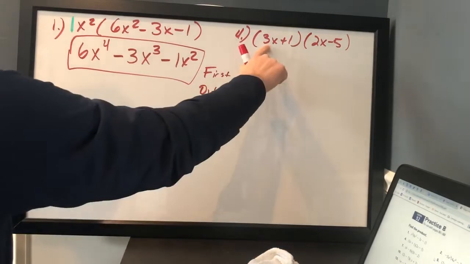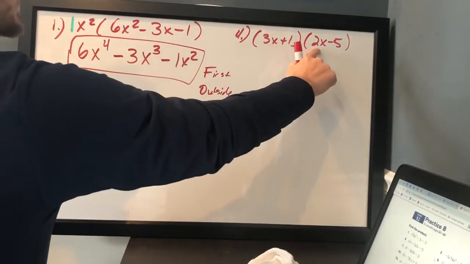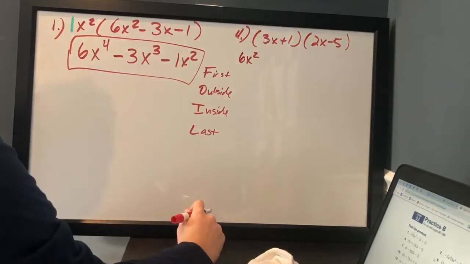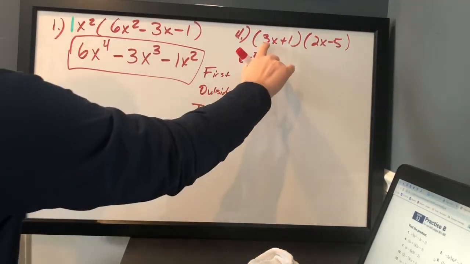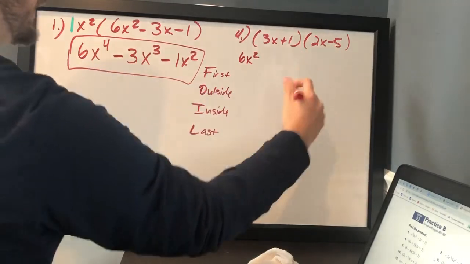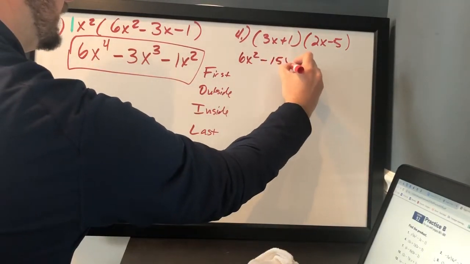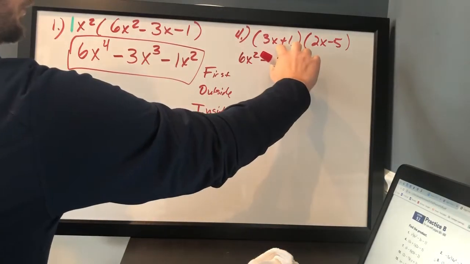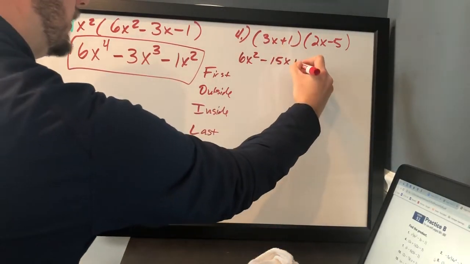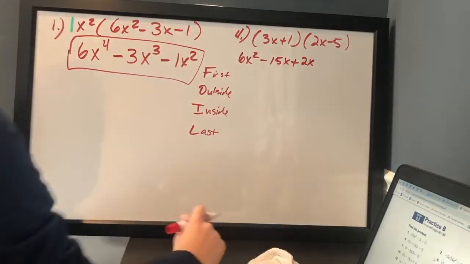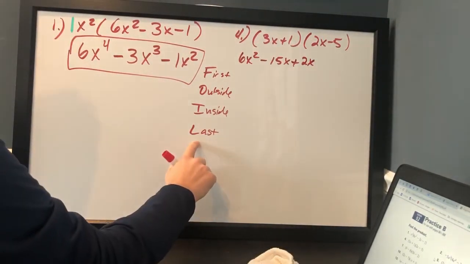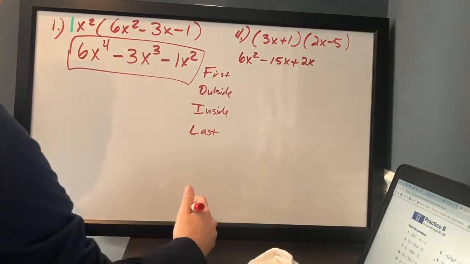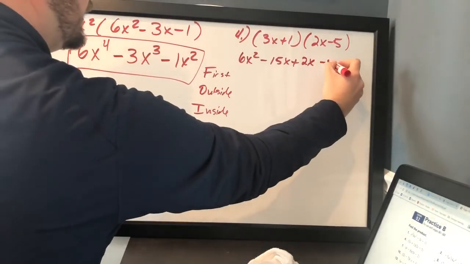Now first means you take the first two terms, 3x and 2x, and you multiply them and you get 6x squared. Next, for outside, you take the 2 on the outside, so 3x times negative 5 is negative 15x. Then you take the 2 on the inside, so these two, positive 1 and positive 2x, multiply them to get positive 2x. And then the last step is you take the last two, which would be 1 and negative 5, and you multiply them and you get negative 5.